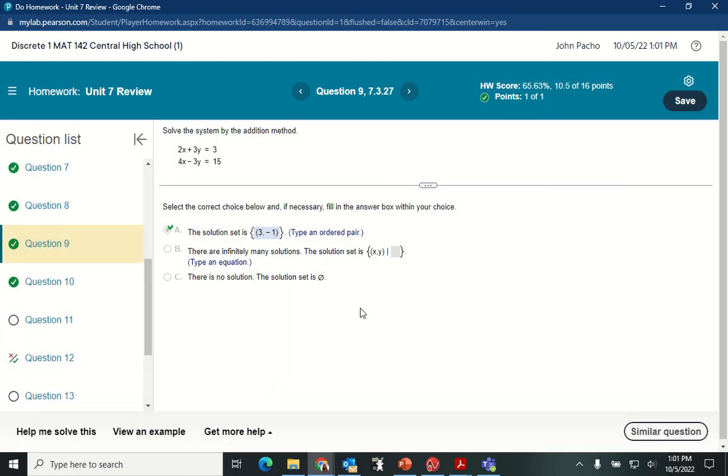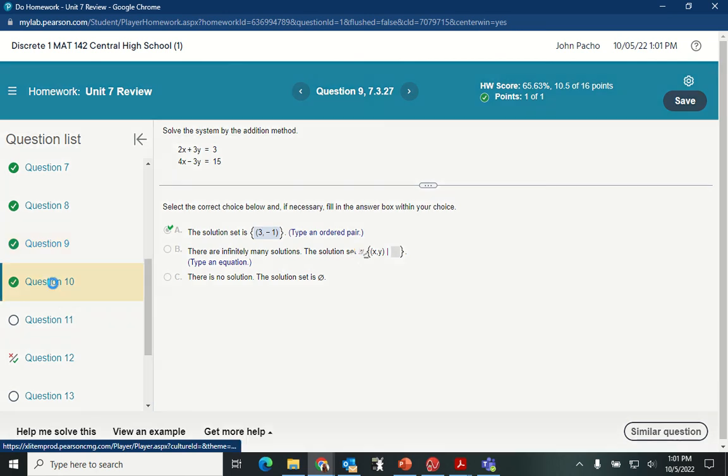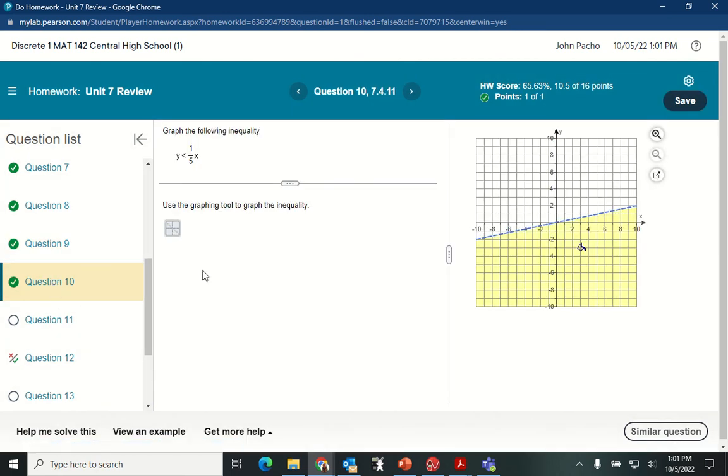Question 9. Addition method. Do I have to show my work? No. I don't have to show my work, so could I just enter the intercept? There we go. Question 10. Some people are at this question 10, so I could show you how to do this.